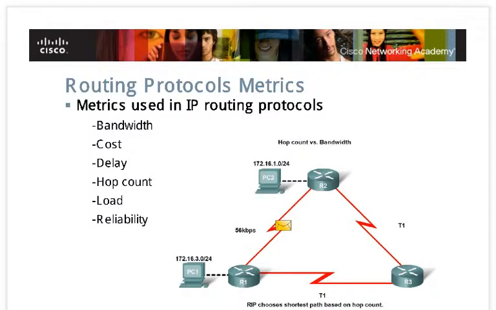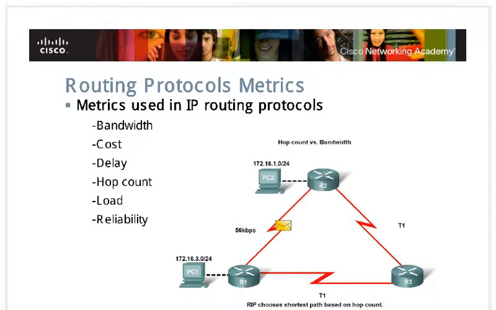Another possibility is the cost. The cost represents the cost that I pay. For example, if you get charged per usage time. So if you go this way, you might pay more, but if you go this way, you might pay less, and so on.